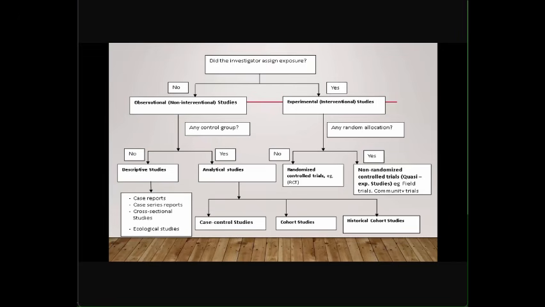In this case, the historical cohort study is called retrospective cohort. So there are synonyms. The cohort study you are seeing here is prospective cohort studies. The historical cohort study, another name for it, is retrospective cohort studies. So if you look at it, cohort studies are two types: prospective cohort and retrospective cohort, which implies in this slide cohort studies and historical cohorts.